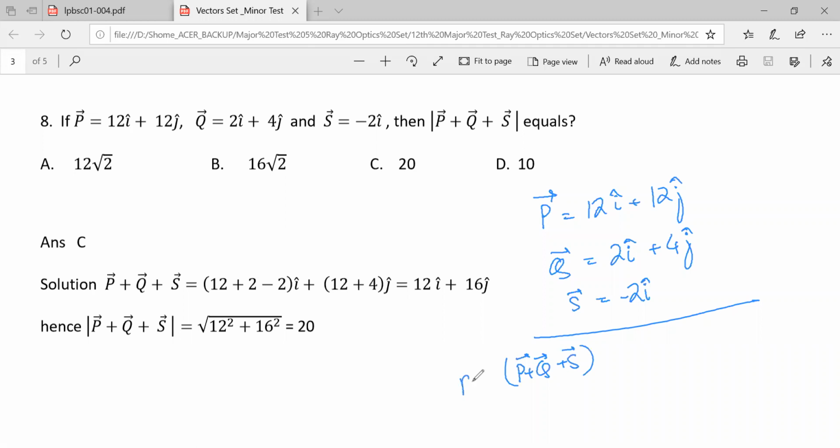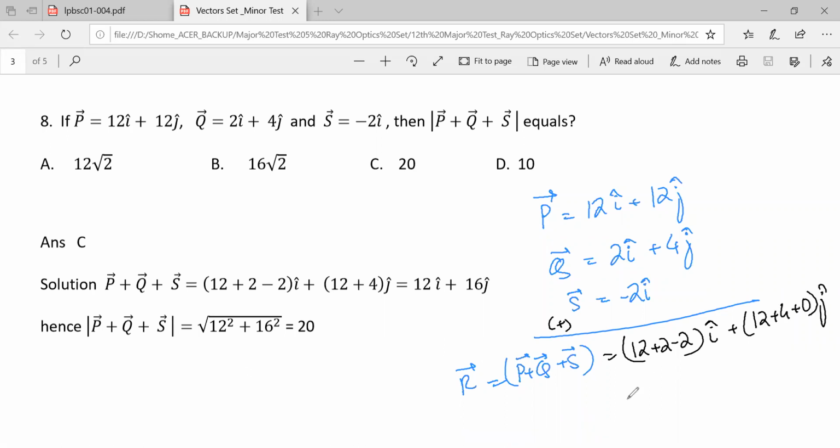Let's say this is the vector r. So just add up all of these. We are just calculating the sum of all of these. That is 12 plus 2 minus 2 i cap, plus 12 plus 4 j cap, and this one doesn't have a y component.